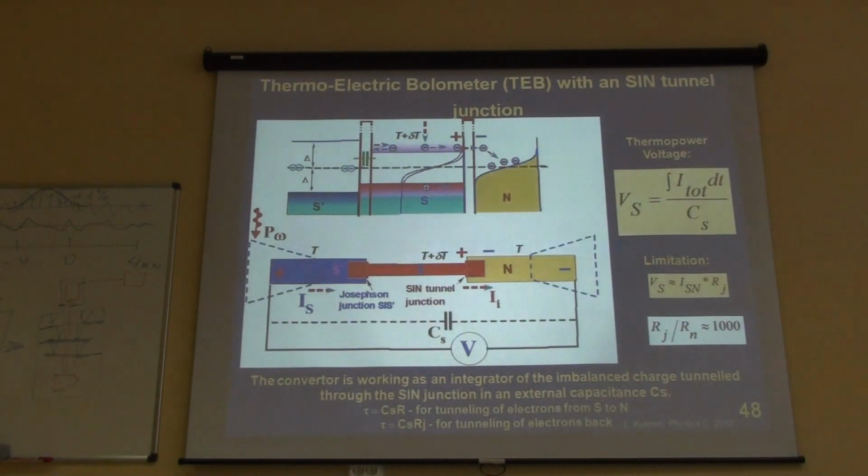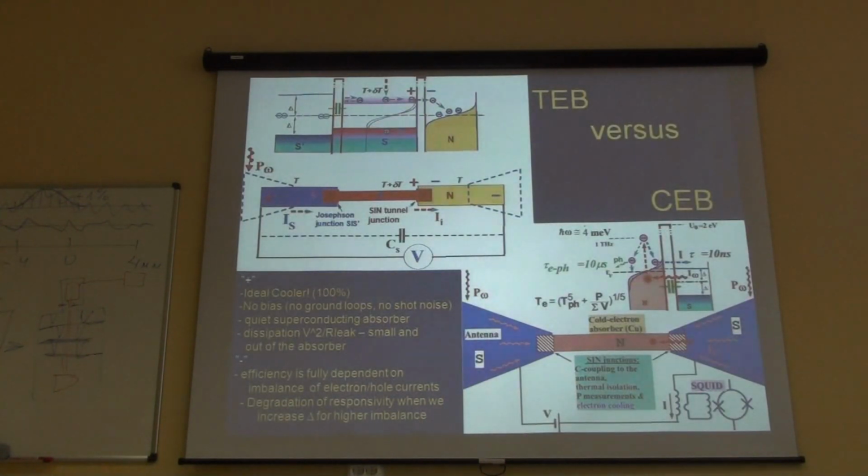But if you have many of these bolometers, of course it's good to have a superconducting absorber to avoid any summing of noise from the absorber. So it looks good. Only one question: how to realize this high imbalance. It's just a comparison again, TEB versus CEB. I mentioned a very important feature of the CEB, a quiet superconducting absorber.